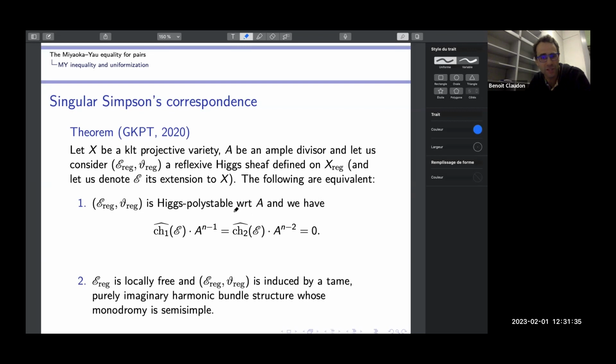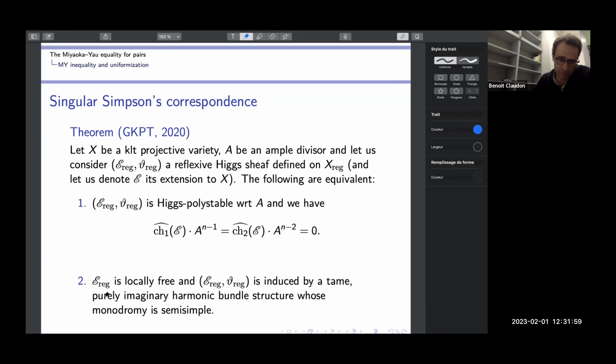So this polystability has a meaning on the regular part of X, and we ask this guy to be polystable, and the vanishing of the Chern classes, c1 and c2. These are the orbifold analog.